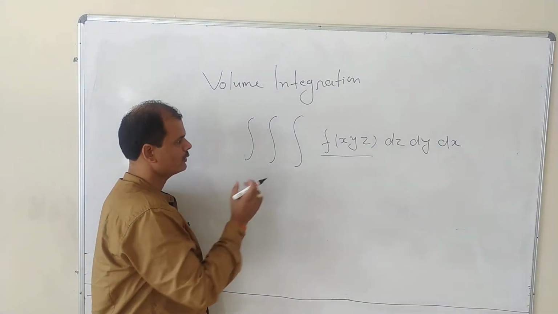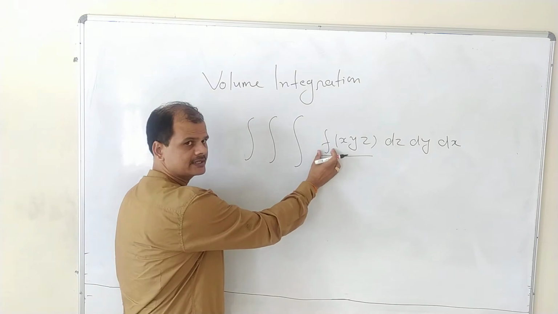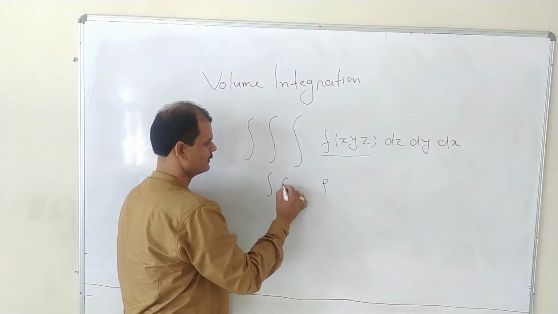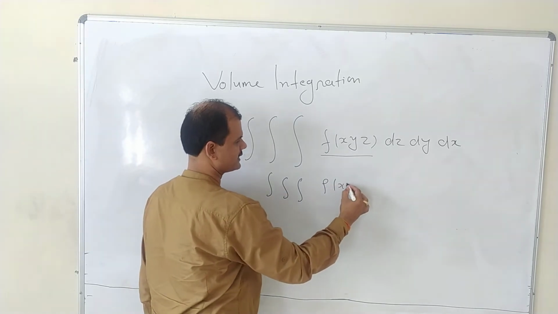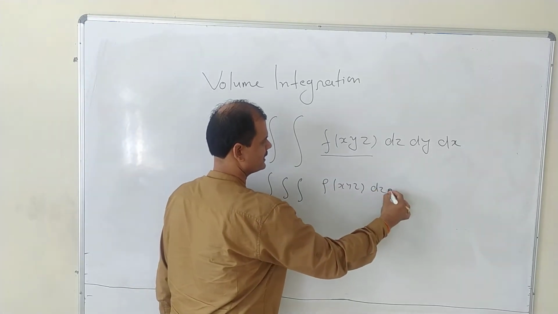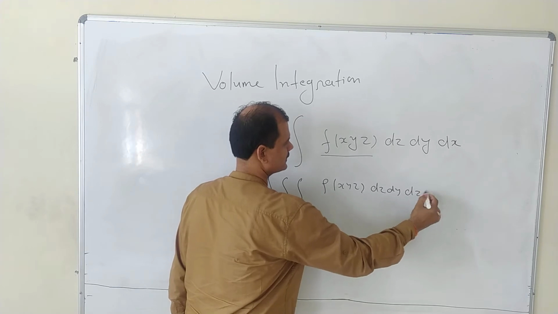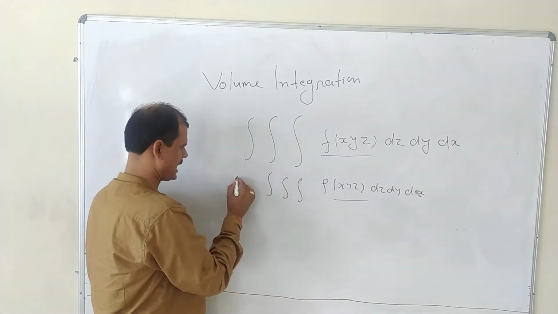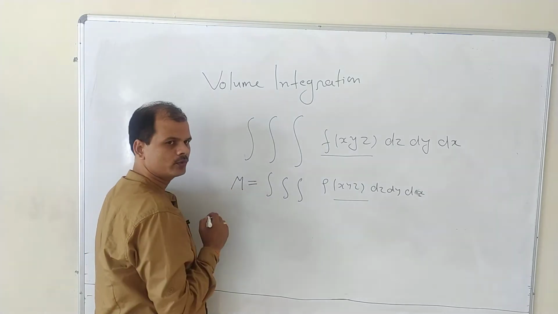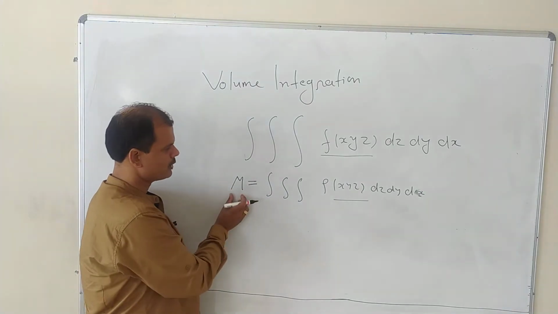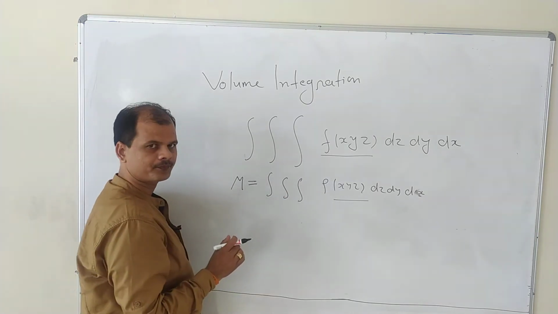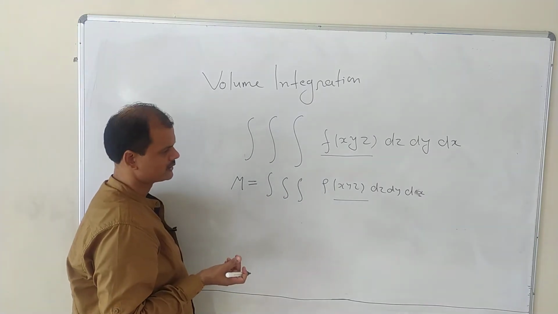Okay, so if this f is density, rho, triple integration rho(x,y,z) dz dy dx, it will be a mass, right? M equal to rho into V. So this will give the mass of the body. This is your rho density function, right?